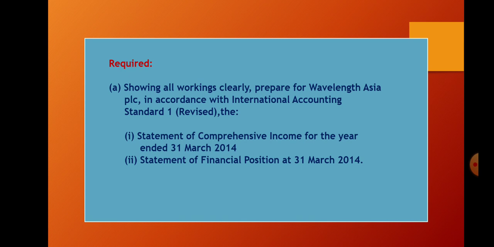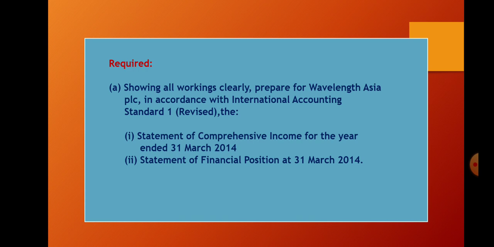Now let us see the required part. Here they are asking us to show all the workings clearly. As I told you in the Edexcel, you need to show the workings which is a part of the answer, clearly labeling the workings. So prepare for Wavelength Asia PLC in accordance with International Accounting Standards 1.